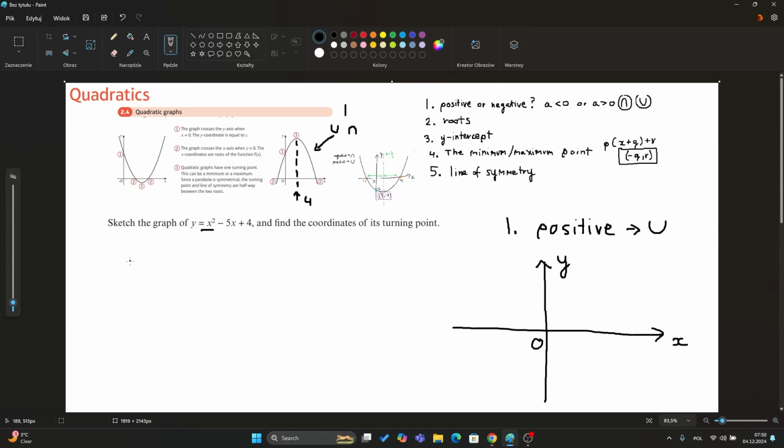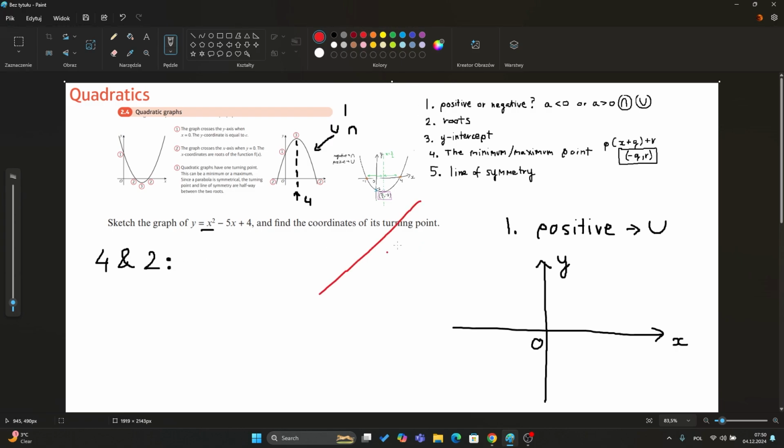To find the minimum or maximum point, which is called the turning point, and the roots, we can use completing the square.